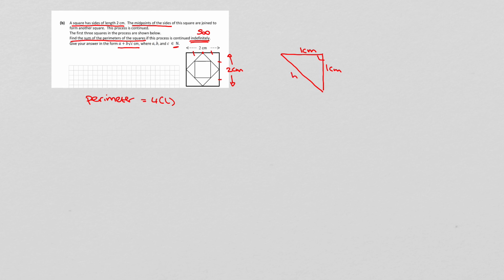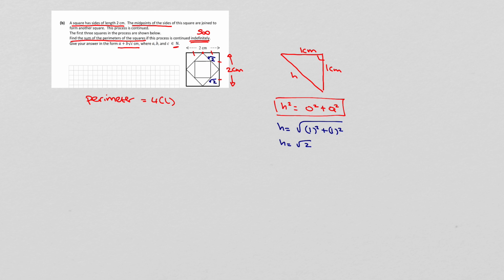So therefore, to find the hypotenuse, I can simply use Pythagoras. So h squared is equal to o squared plus a squared. In other words, the hypotenuse is going to be the square root of 1 squared plus 1 squared, which is going to be root 2. So now we know that the length of this triangle is root 2, and root 2, and so on.